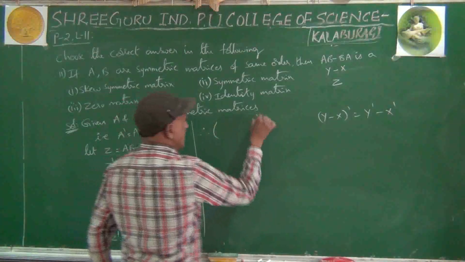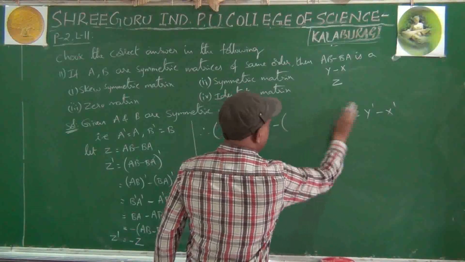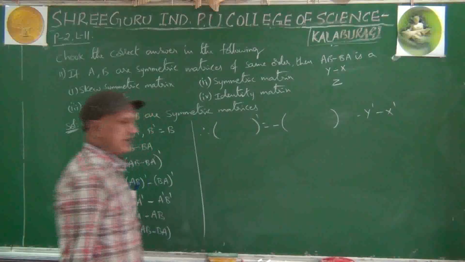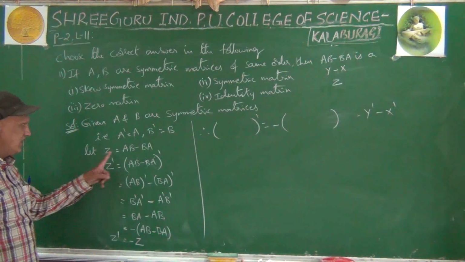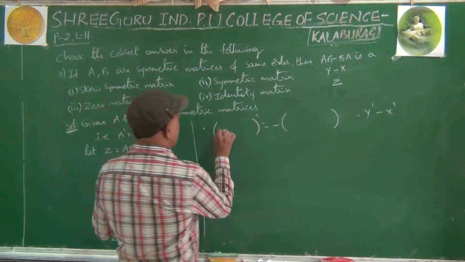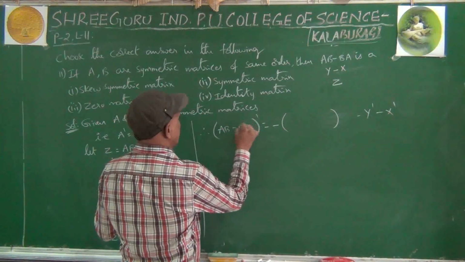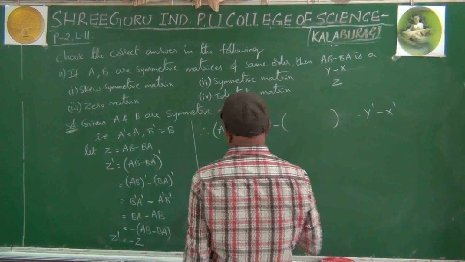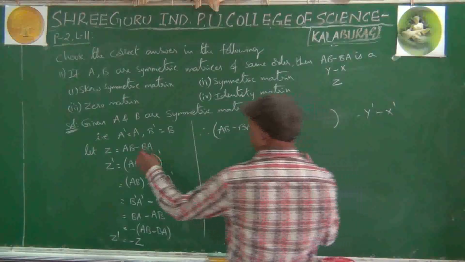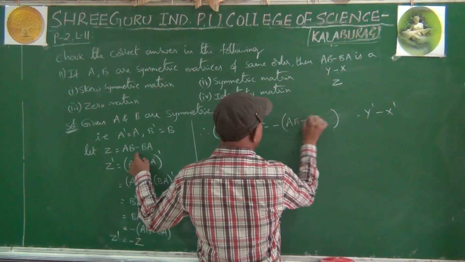Therefore, Z dash equal to minus Z. What is Z? AB minus BA.